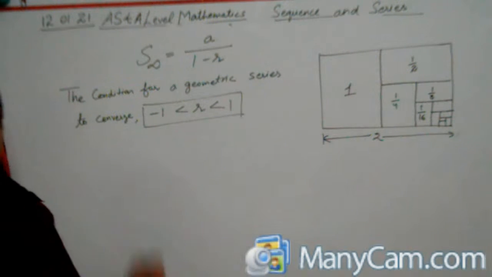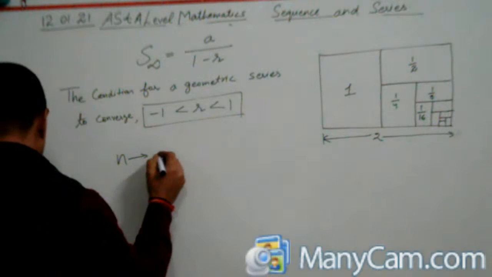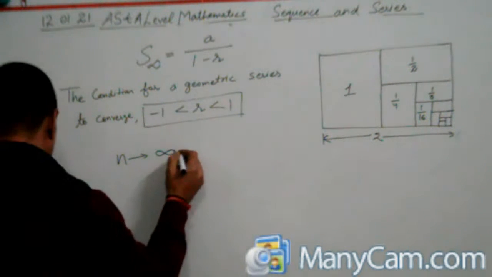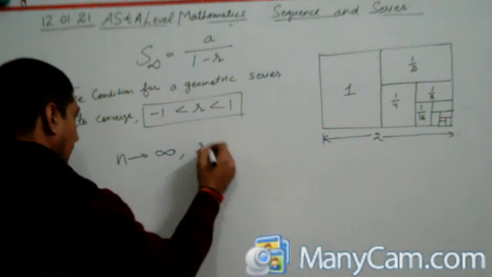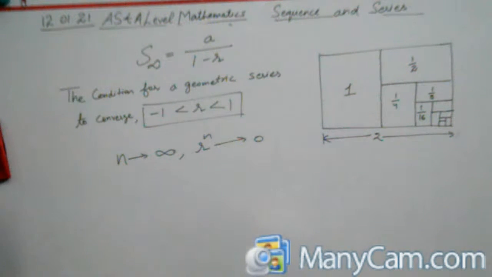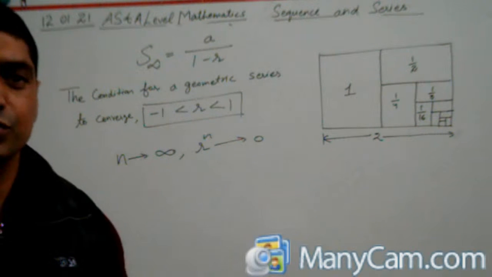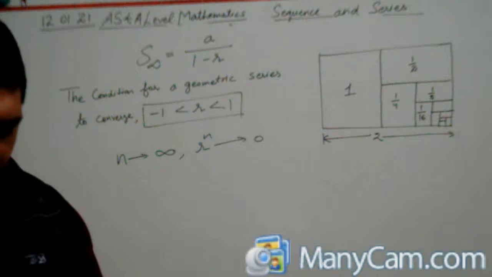So that when n approaches infinity, r to the power n approaches 0, right?